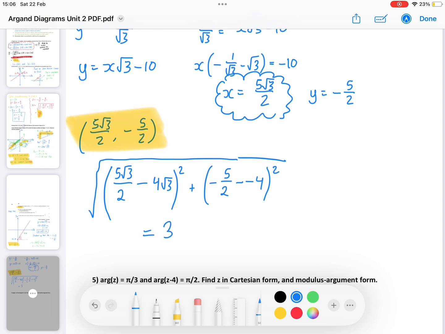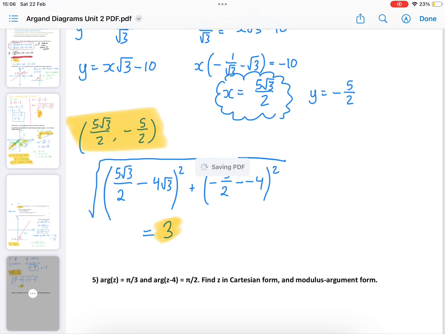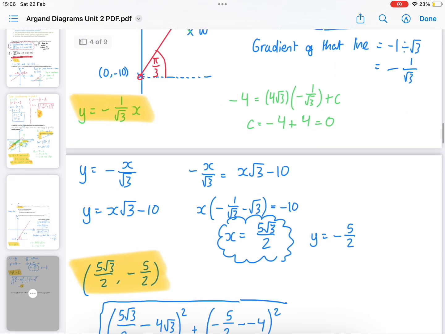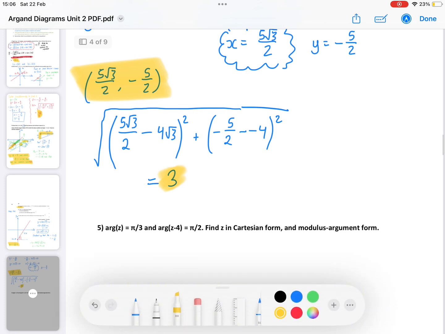Oh, that's a lovely number. It is just 3. So that is the answer to the question. What it was originally asking is to find the minimum distance of W from that locus. So the minimum distance is 3. So that's the minimum distance is 3 units.